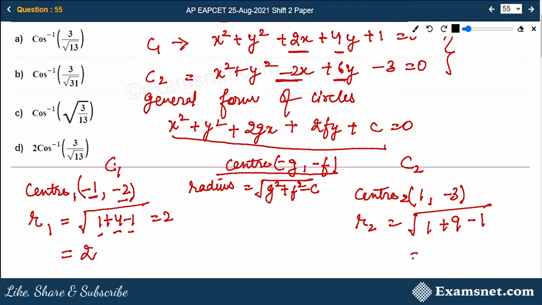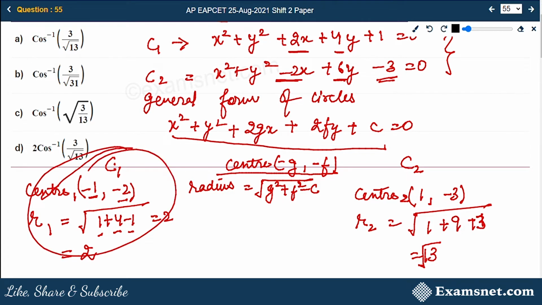Sorry, c is minus 3 in this case, so minus of minus 3 will be plus 3, which makes it under root of 13. So for circle 1 you have the center and radius, and for circle 2 you have the center and radius as well.